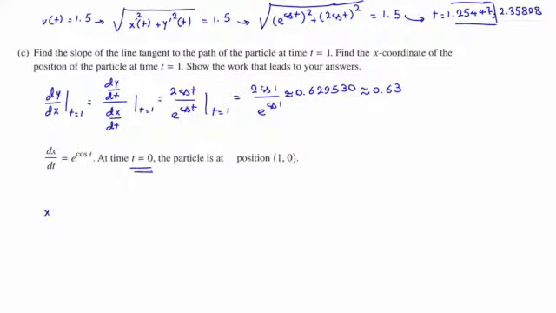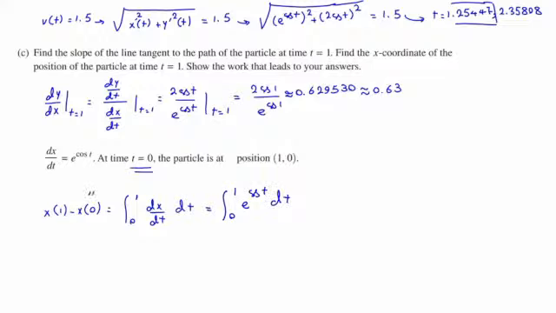We want x of 1. So x of 1 minus x of 0 equals the integral from 0 to 1 of dx/dt, or x prime dt. Now it will be the integral from 0 to 1 of e to the cos t dt.